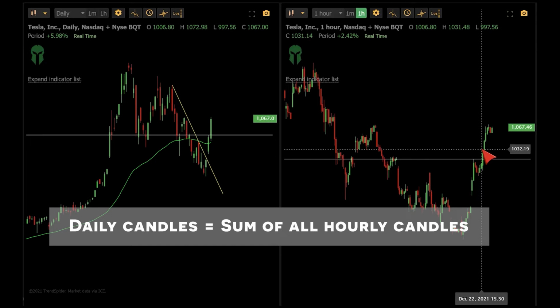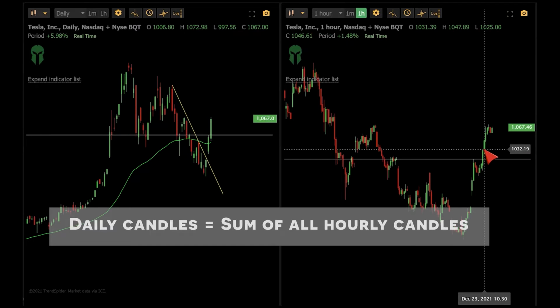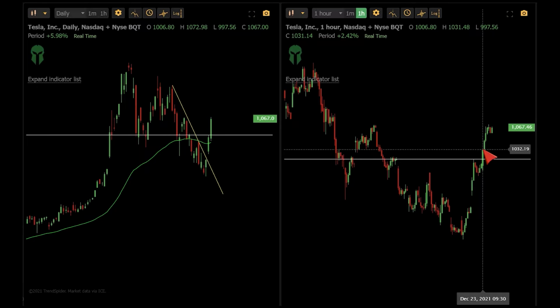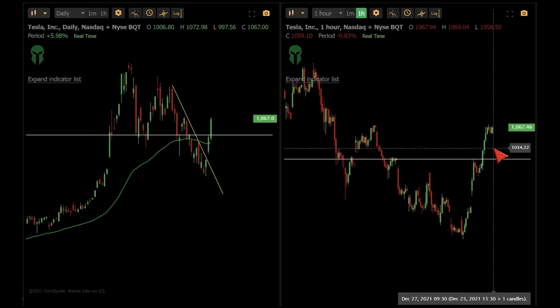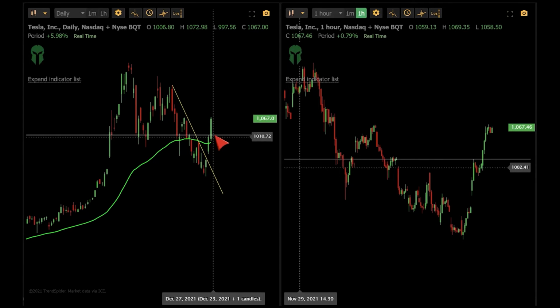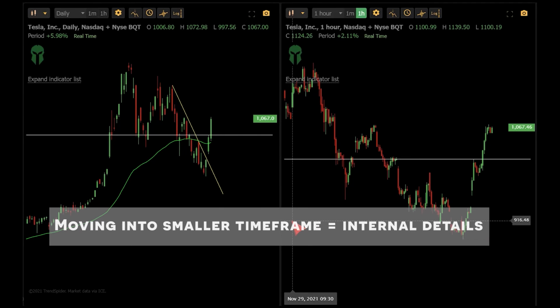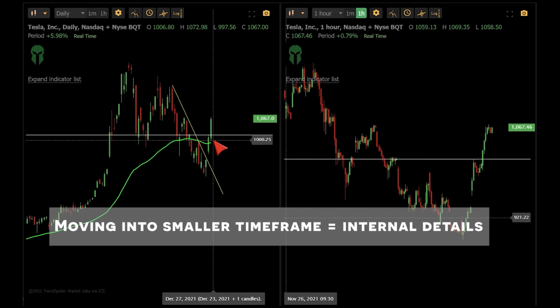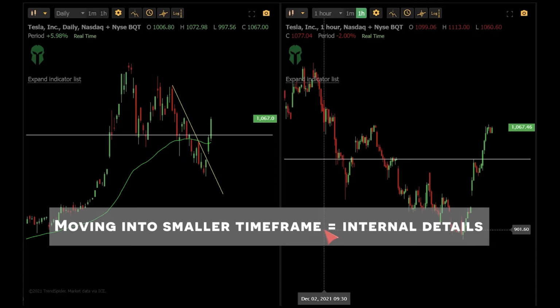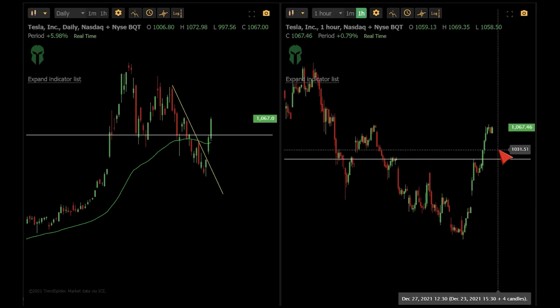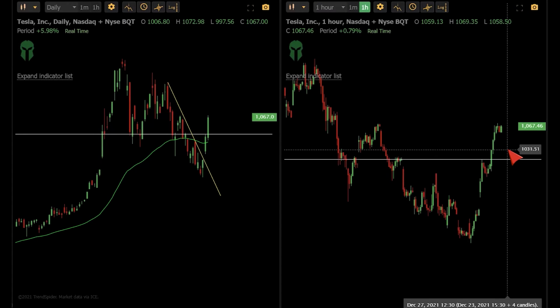So everything that happened on the 23rd, let's get to this, just the 23rd, okay? Everything that happened from the 23rd over is this bar right here, okay? So essentially what you're doing is you're looking at the internals of a daily bar when you move into a smaller time frame.